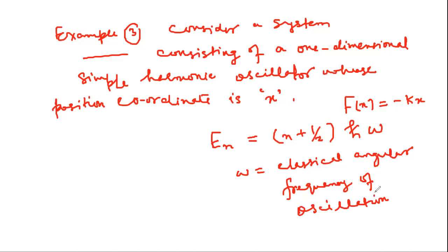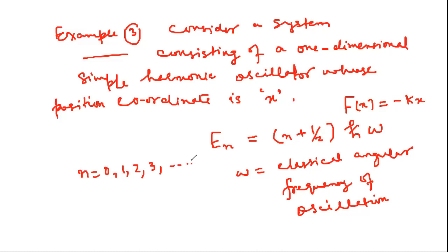Now this quantum number n can assume values n equal to 0, 1, 2, 3, and so on. So if n is equal to 0, the energy of the oscillator in that ground state is half h bar omega. It can exist in another state characterized by n equal to 1, in which the energy of the state is 1 plus half, that is 3 over 2 h bar omega, and so on.